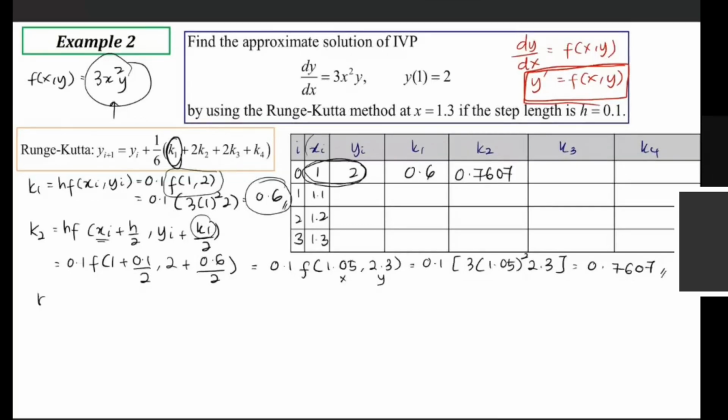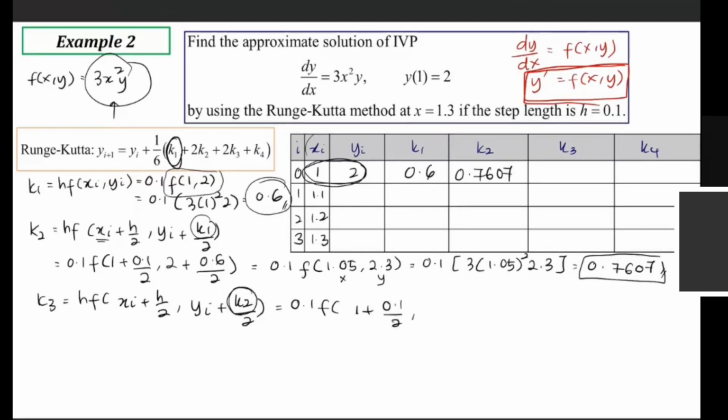Okay, next find K3. K3 is, then substitute here K2 equal to this value. And then H is 0.1, f(x is 1 plus 0.1 over 2, 2 plus 0.7607 over 2).